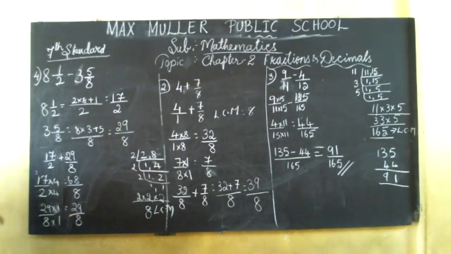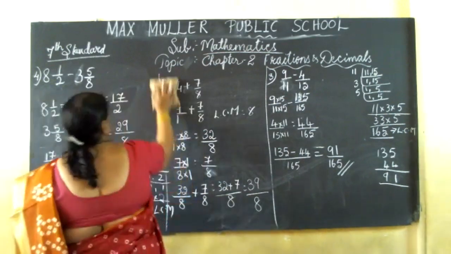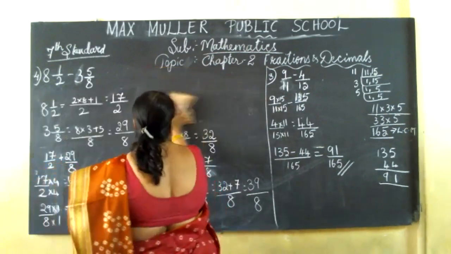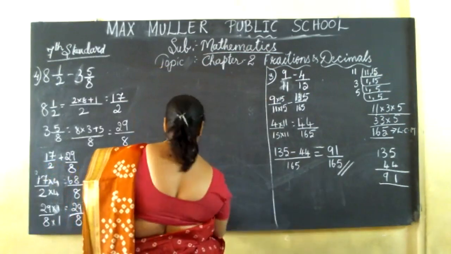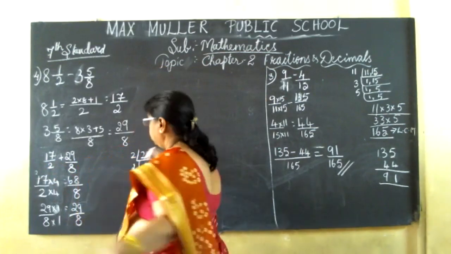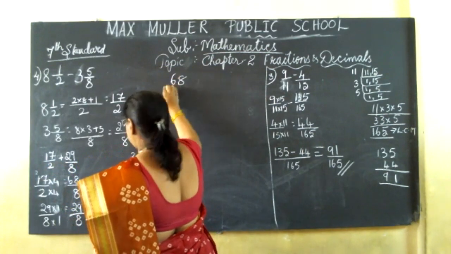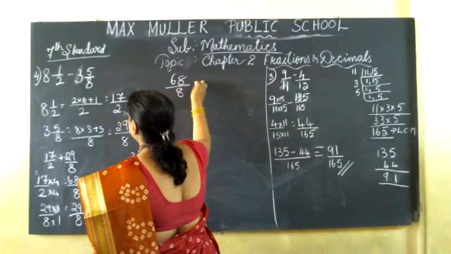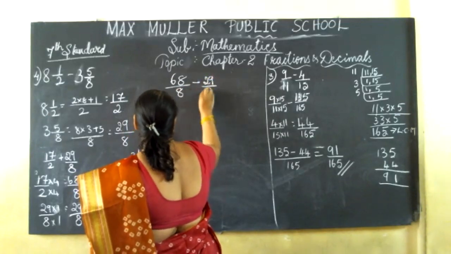So now what we got? I'll write there, children. You can copy it. Oh no, I'll send the PDF. Okay, complete the geometry classwork first. So 68 by 8 minus 29 by 8.